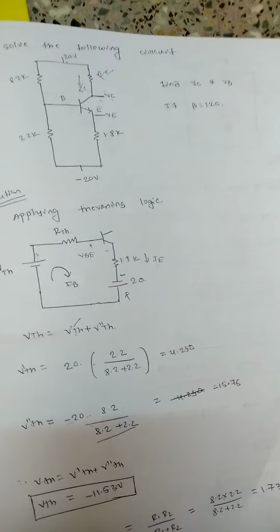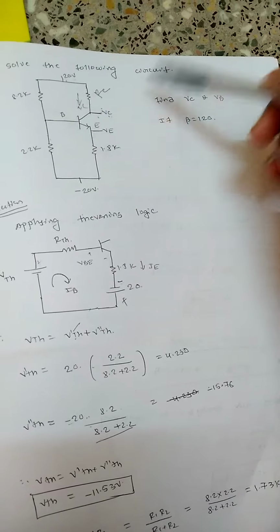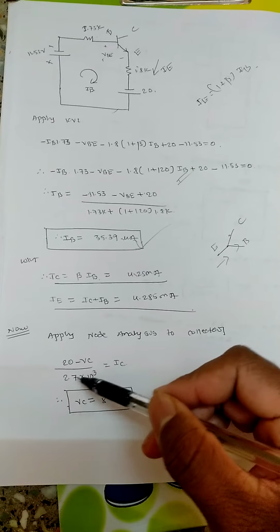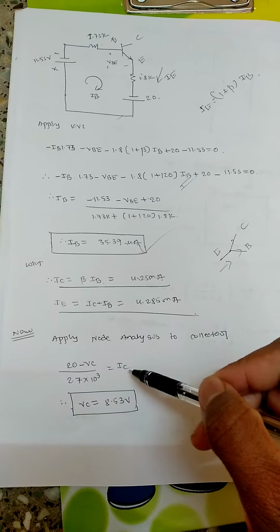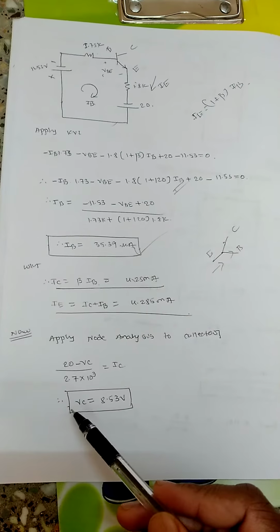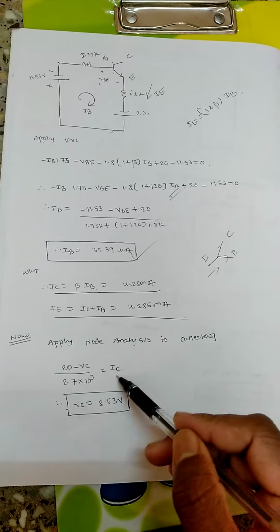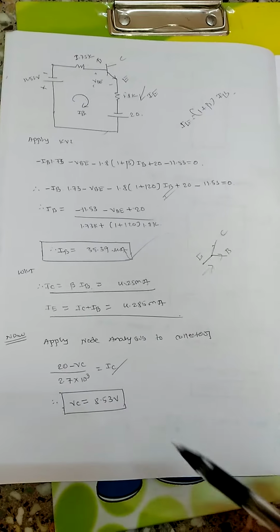Node analysis means two voltages, this minus this, divided by this resistance, equals IC. So (20 minus VC) divided by RC, which is 2.7 into 10 to the power 3, equals IC. Since I know IC, plugging in the values we get VC equal to 8.53 volt.